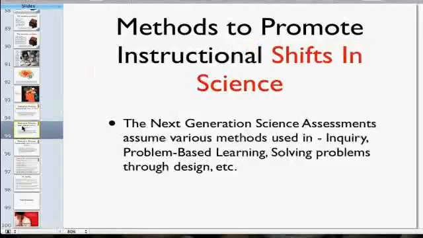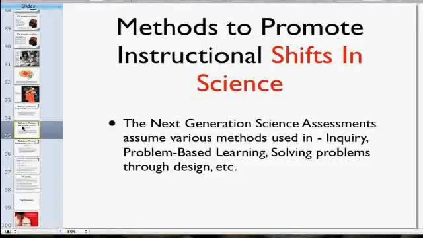Shifts in science: I didn't speak too much about the Next Generation Science Standards. Those are linked to the Common Core, but they are not part of what you see in Common Core. You have to go to a website, nextgenscience.org. And those just came out last week in their final form. And they are really interesting, different kinds of standards.